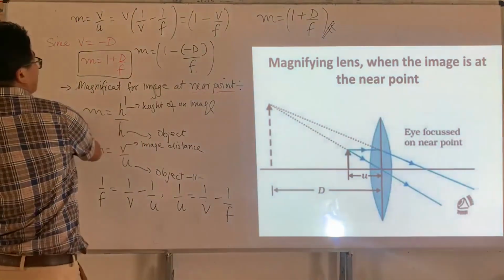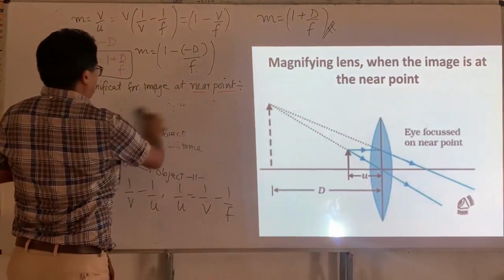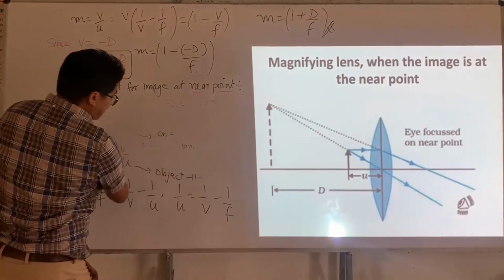And now I'm going to find the magnification for the image at the far point. Number 2, magnification, image at far point.